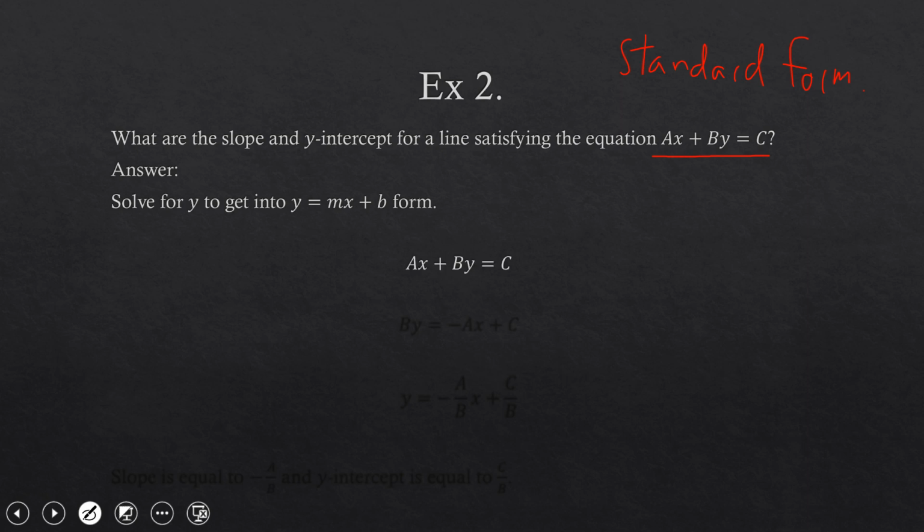All right, so we're starting off with ax plus by equals c. One thing we can do to get y by itself, or a place to start, is subtract ax from both sides. So that eliminates ax from the left-hand side, and that gives us by equals negative ax plus c.